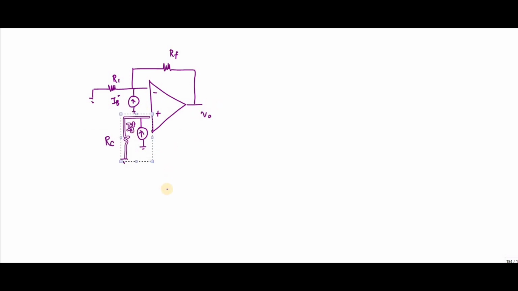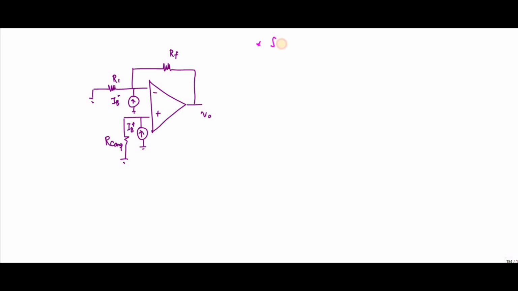This is the circuit I have drawn. I have added one more resistor, our compensation resistor, at the non-inverting terminal. Now IB plus will not flow directly to the ground, since I have added the compensation resistor.